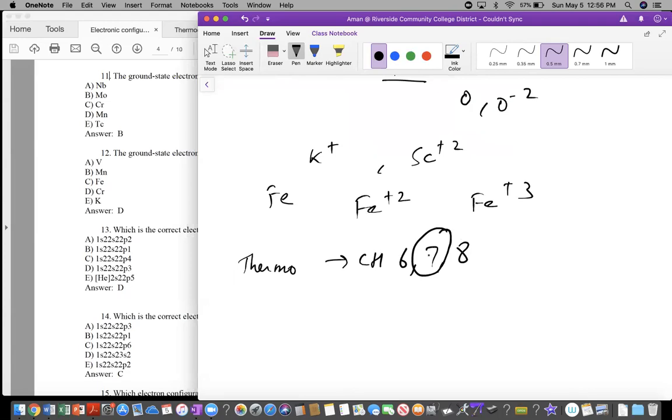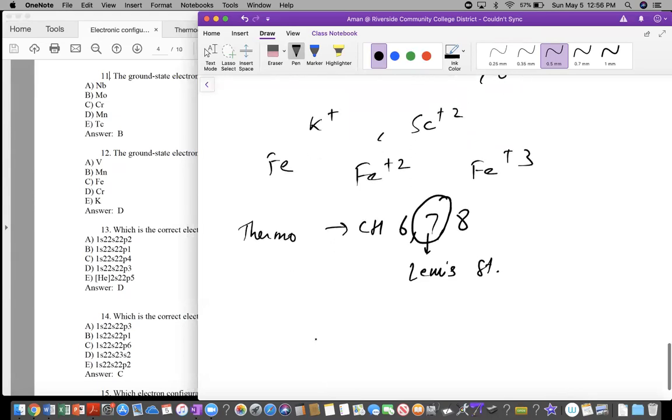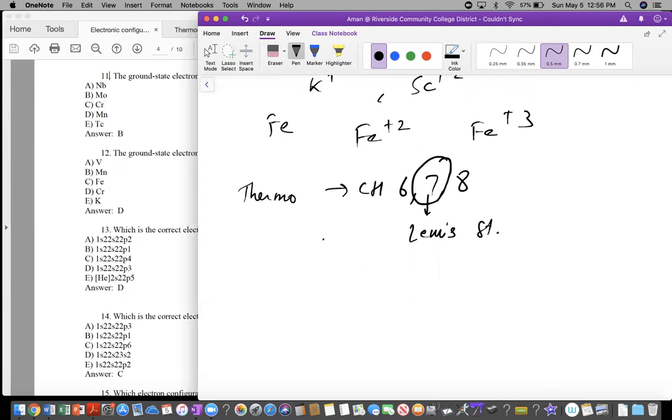So Lewis structures are very useful for organic chemistry. Nomenclature, actually, not that much. You have to know your acid base and types of reactions, titration, and Lewis structures. Those are important topics.